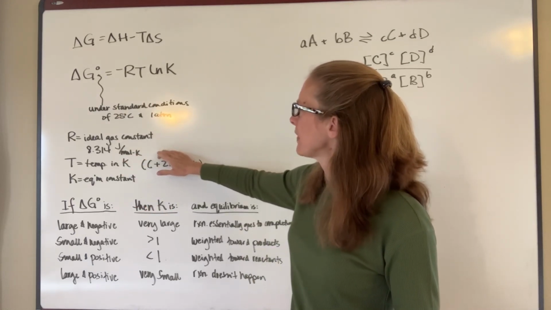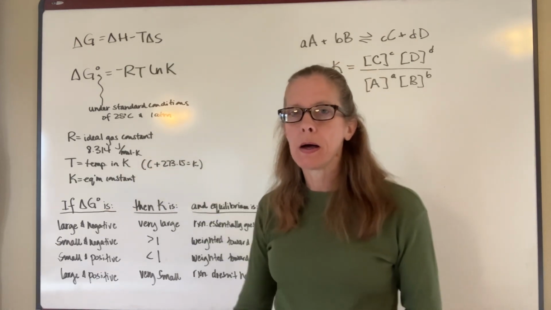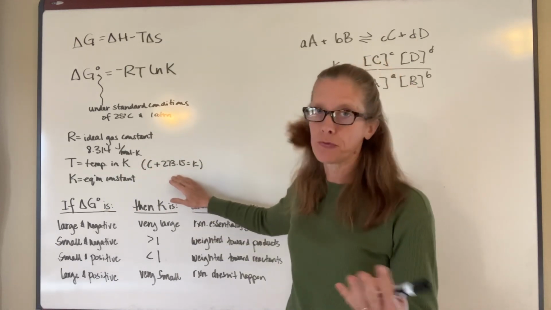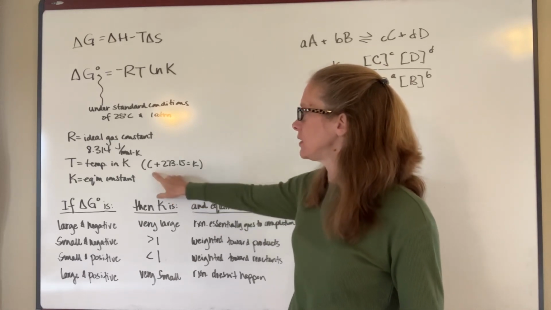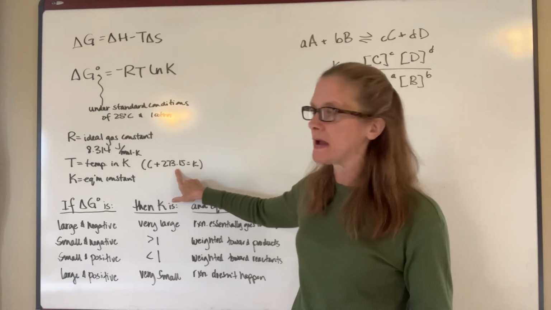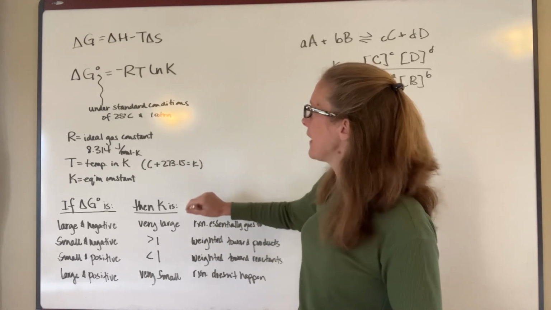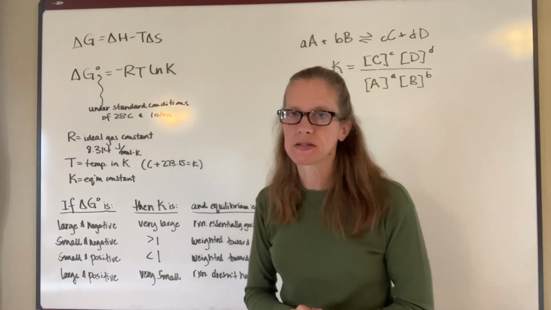And then your temperature must always be in Kelvin. Recall, if you've forgotten, that to find Kelvin, you take the Celsius temperature and add 273.15 to it. And then K is your equilibrium constant.